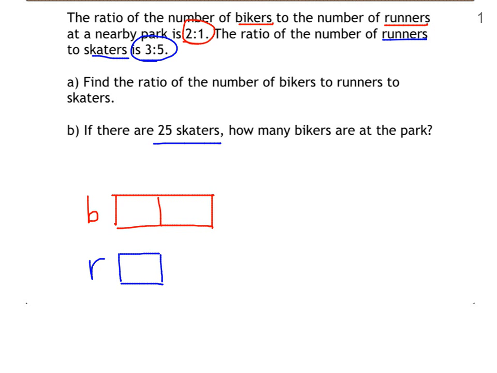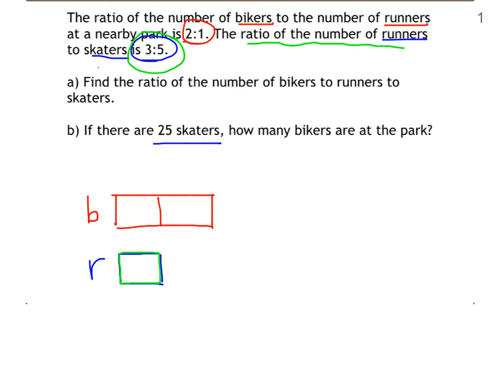It's no secret that I'm pretty familiar with these. And when I looked at the second part, where it said the ratio of the number of runners to skaters is 3 to 5, I thought, how does a unit bar that's right now 1 unit become 3 units? And you know what? It doesn't. The runners are the same no matter whether they're compared to bikers or skaters.